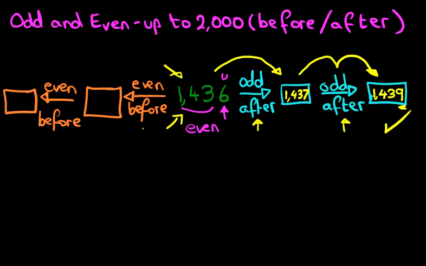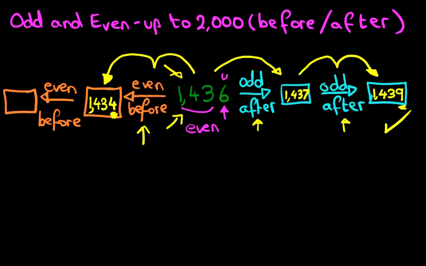And the even number before it, how do we work it out? Well, we simply just count back in twos. Odd and even numbers, you simply count forward or backward in twos. So the even number before 1436 is 1434.